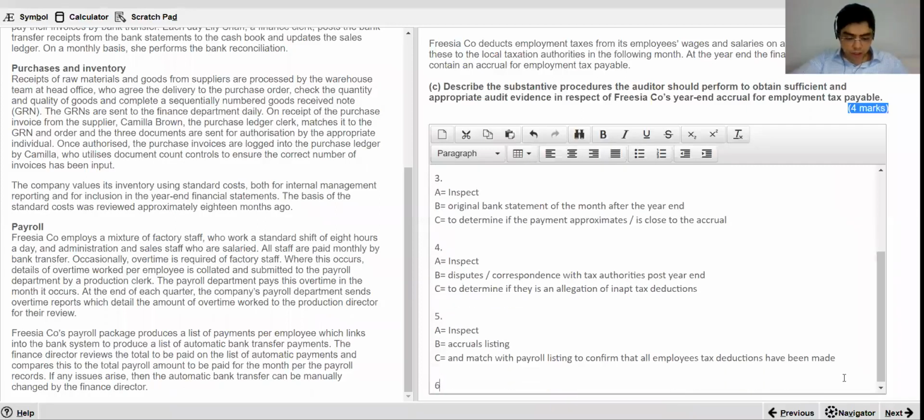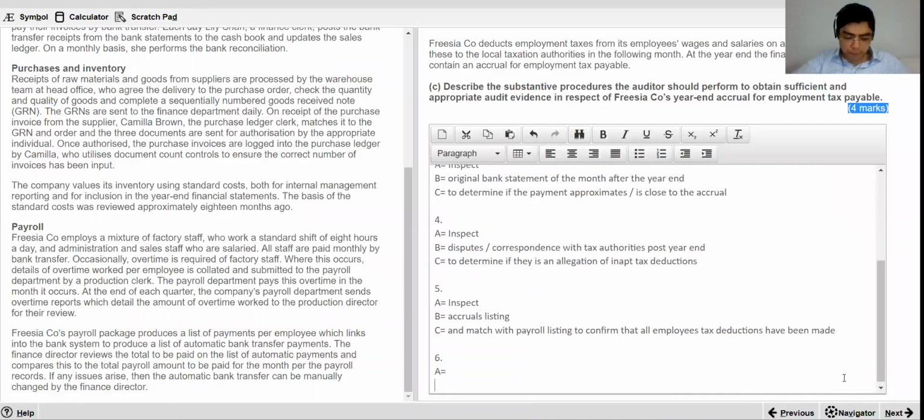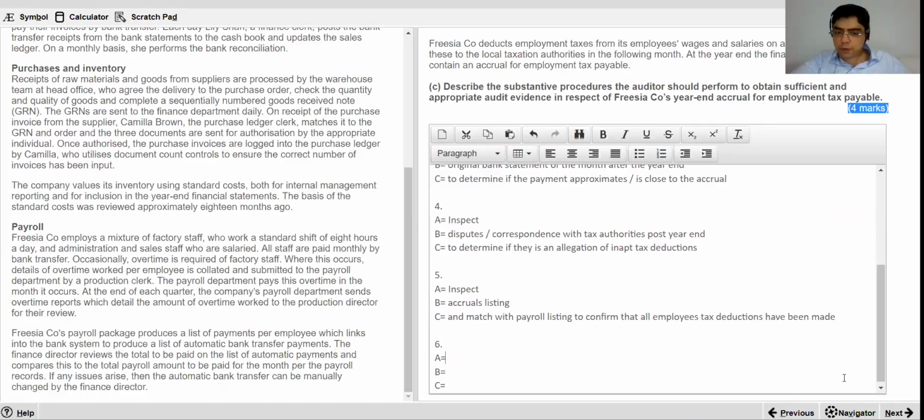What is that procedure? Because I haven't performed any procedure on presentation, I could inspect draft financial statements to check if employment tax payable is appearing in the other payables note to the financial statements.